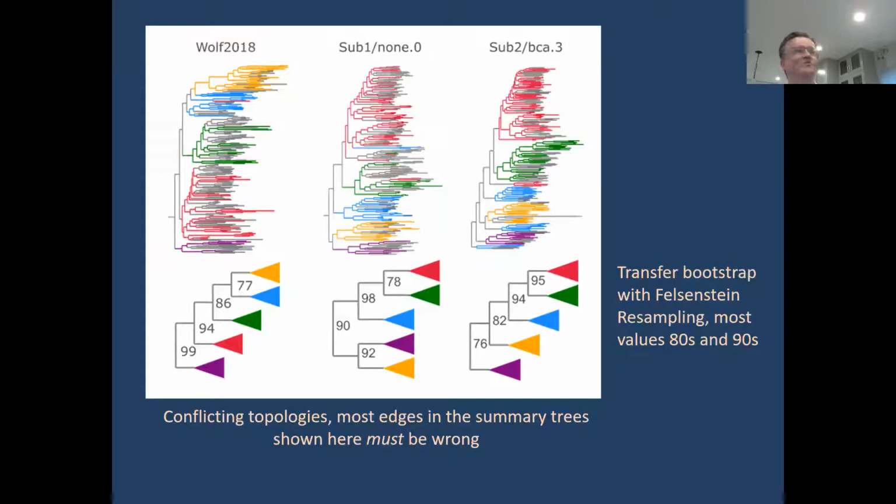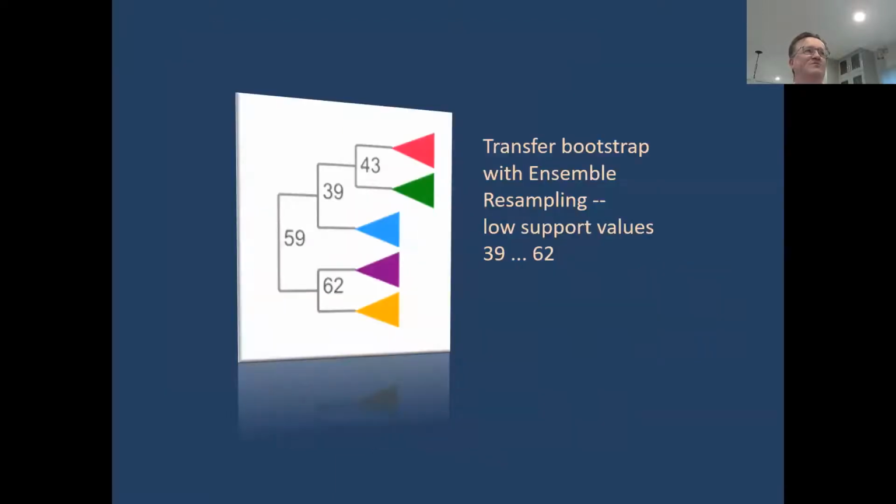And the ensemble is giving different topologies. So when you bootstrap over the whole ensemble, you're averaging over the guide tree bias, and we're getting much lower bootstrap values, which are obviously too low for you to believe the tree.